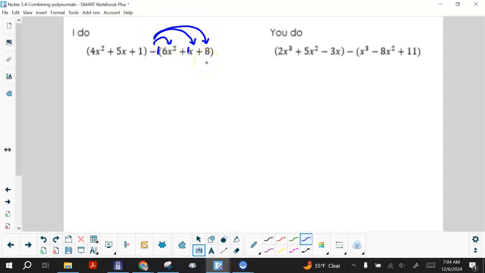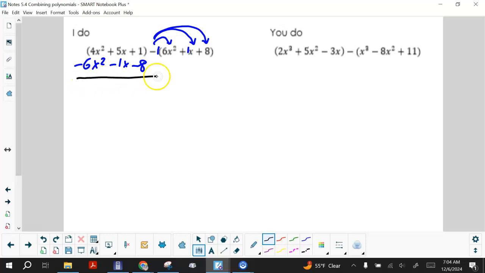a positive 8. And what you end up with, using the stack method, I'm going to put those answers underneath the first polynomial, is negative 6x squared, a negative 1x, and negative 1 times 8 gives me negative 8.